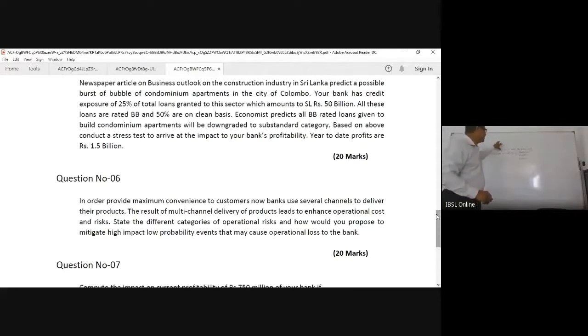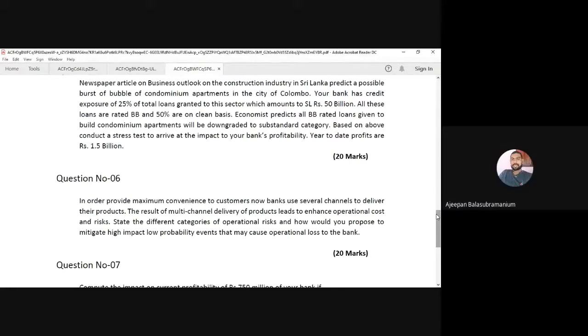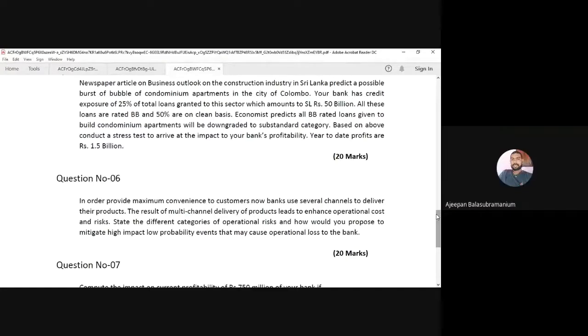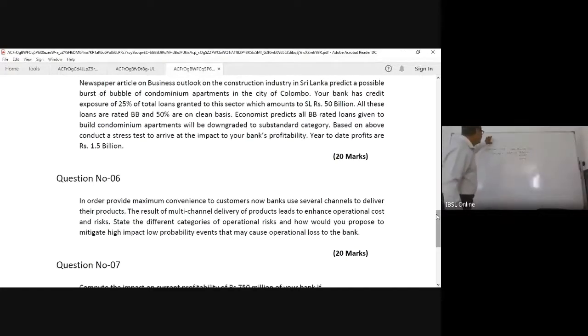We have a brick and mortar operation, ATM. Brick and mortar is your branch banking, ATM, phone and internet are the channels. Sir, the first two lines we are unable to read. Delivery channels is the top line. The second line is called the channels that you use. I wrote brick and mortar.